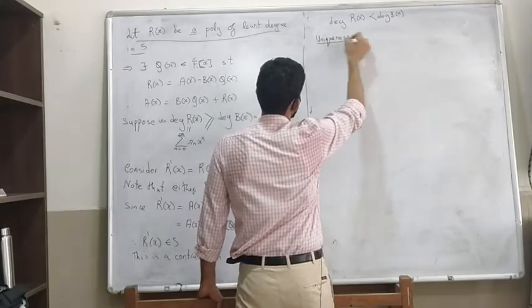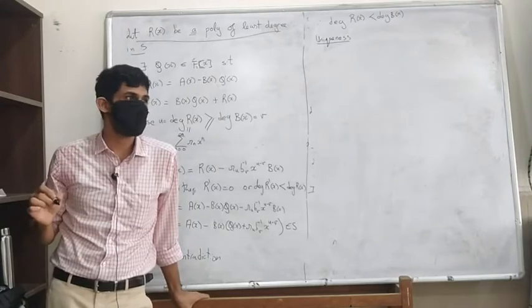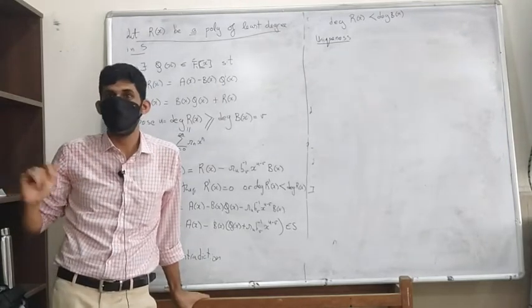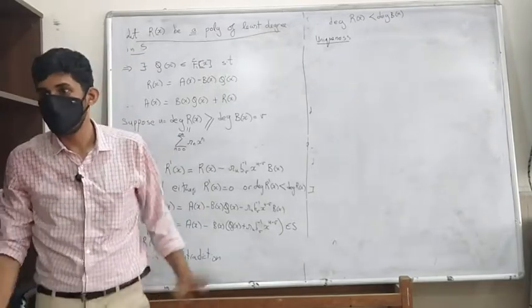So we'll assume that we can write a of x, you can see now I'm not making any restrictions on the degrees of a and b and whatever.